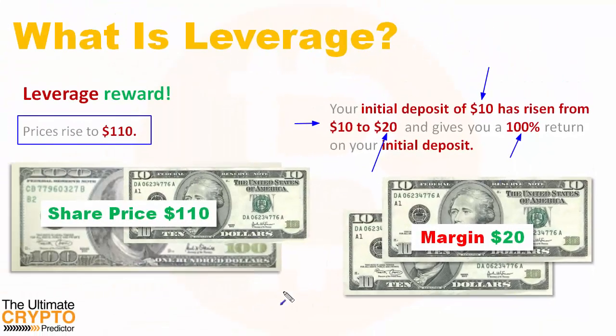So we're looking at a 10% return from $100 to $110, but the amount that we put down is the key here, and we get a 100% return. It's given us a $10 return on the $10 that we put down, which is 100%.